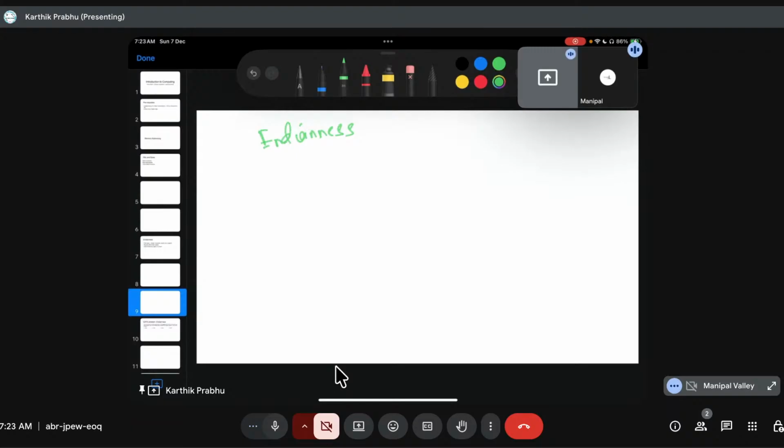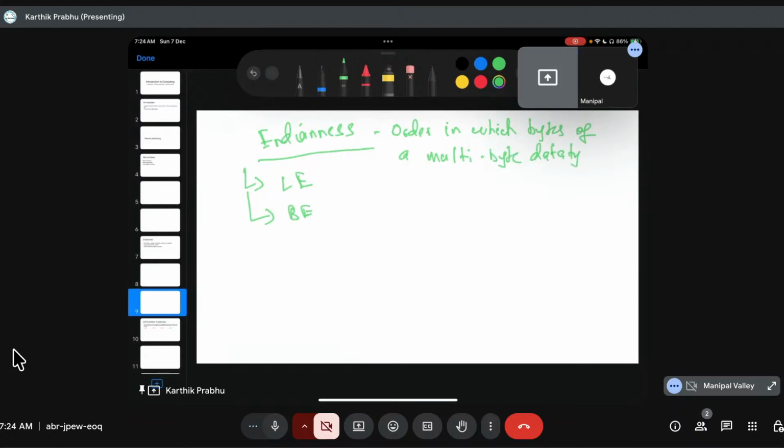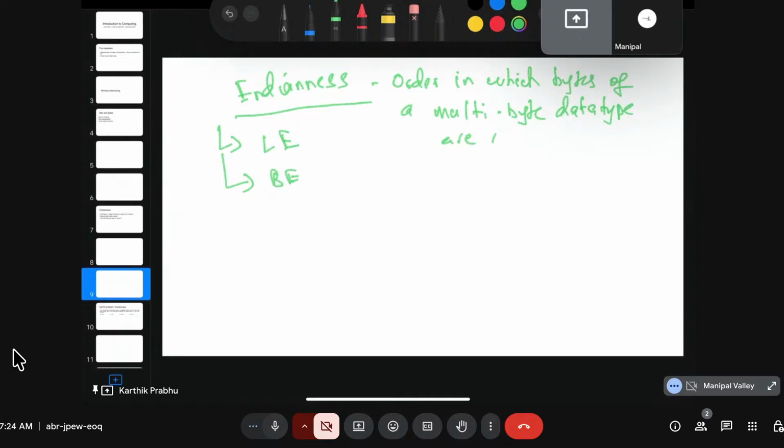The order in which, we have little endian and we have big endian, the order in which bytes of a multi-byte data type are stored.